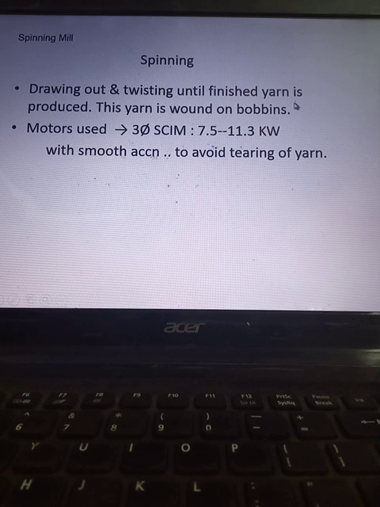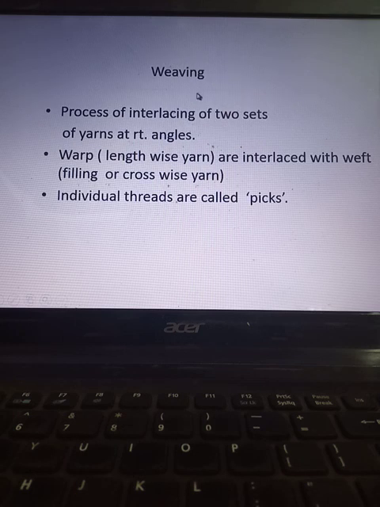And now, we go to the next stage, weaving. Weaving is what? With that line, the thread, now we want to get a plane. In a plane we have X and Y. That is where the weaving process can be easily understood.